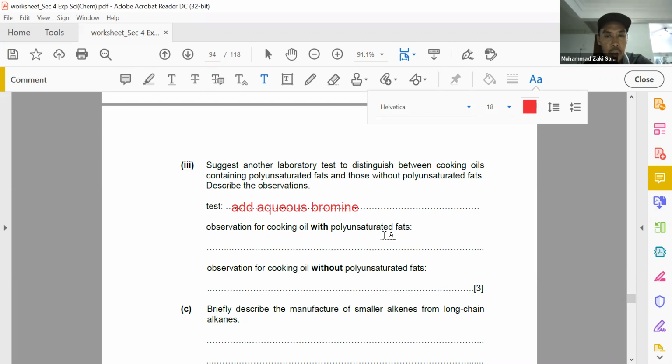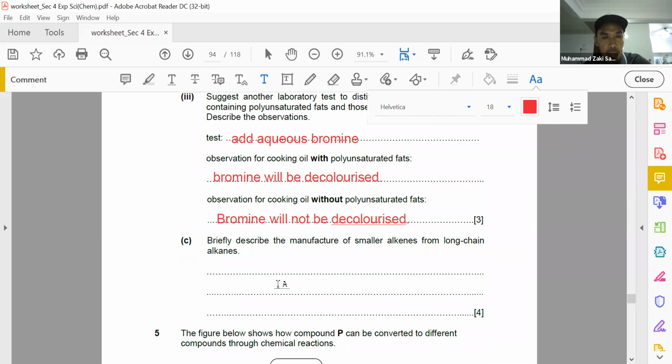Okay. So with unsaturated fats, since unsaturated fats have a carbon-carbon double bond, bromine will be decolourised. How about the one without unsaturated fat? Bromine will not be decolourised. Okay.